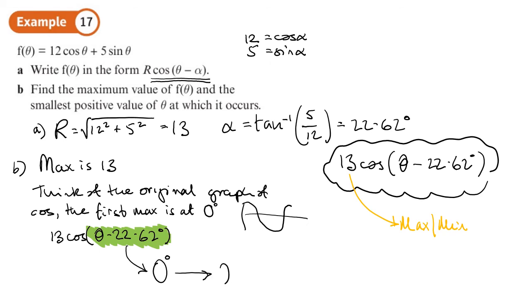Okay, what does that mean? So theta minus 22.62, doesn't matter what's in the brackets, the whole contents of that bracket needs to be 0 to get a maximum. Or the whole contents of that bracket needs to be 360 to get a maximum. So if I work that out, I basically get theta equals 22.62.